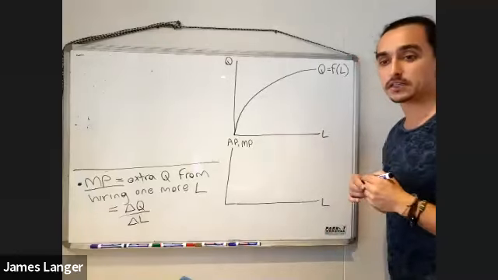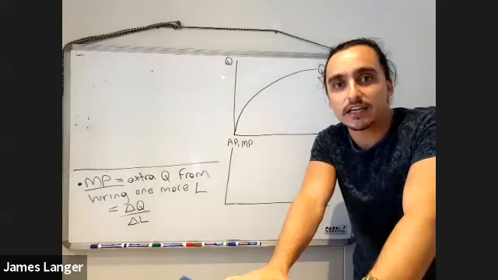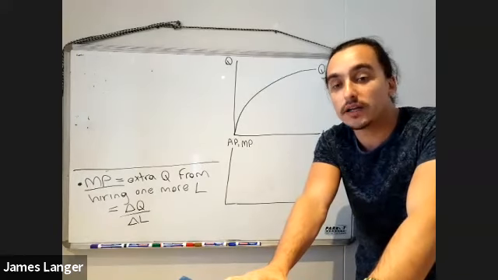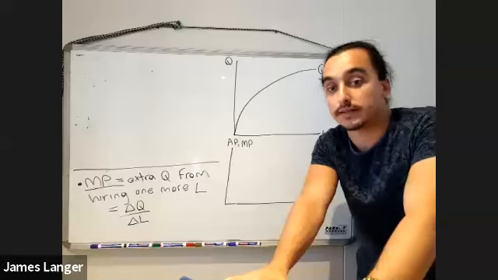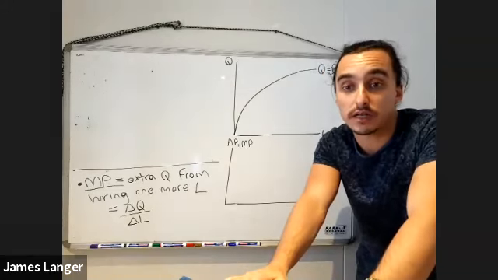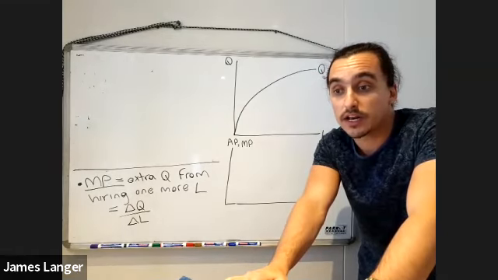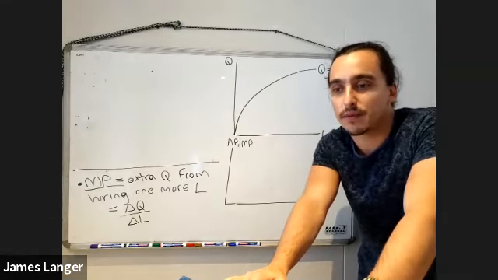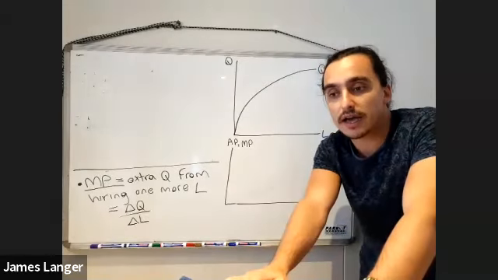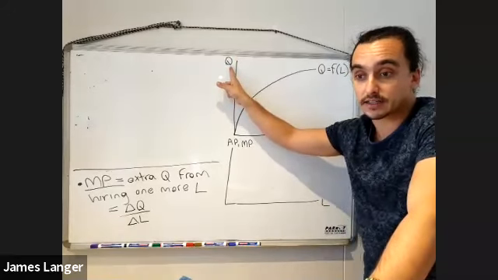Now, tell me, guys, what is the slope of any curve where you've got Y and X? The change of what over the change of what? Change of Y over the change of X. Thank you very much. What's on my Y-axis here? Q. What's on my X-axis here?